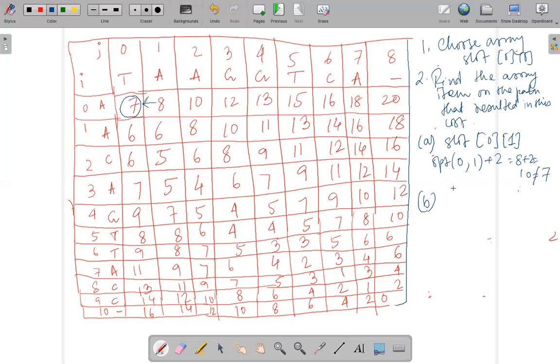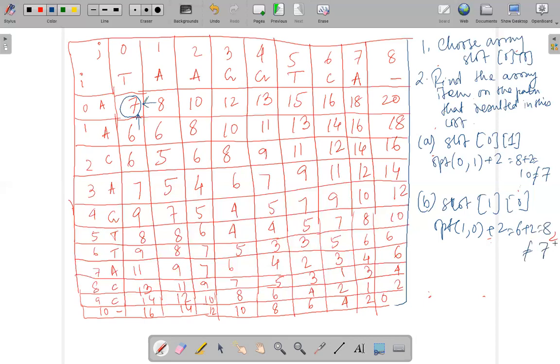Now the next array slot that we have to check is slot 1, 0. Again this is a gap slot. So we see OPT 1, 0 plus 2, which, if we had come from here, is 6 plus 2, that is 8, and this is not equal to 7.